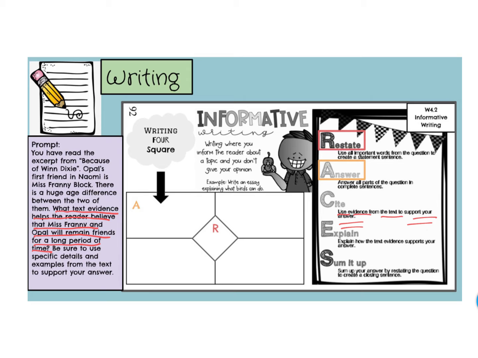So I'm going to write in my R, and I'm actually going to come down so that you can see it better. And you can either write it in your diamond or you can draw an arrow if you need more space. I'm going to write, you're going to write with me. All students are writing.